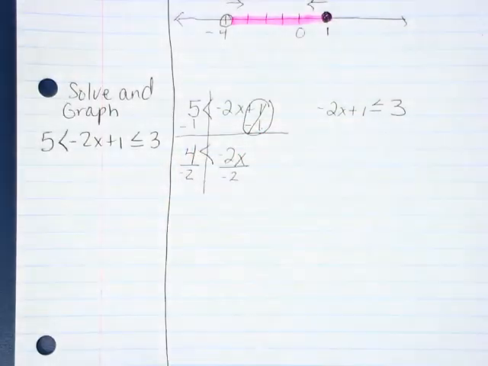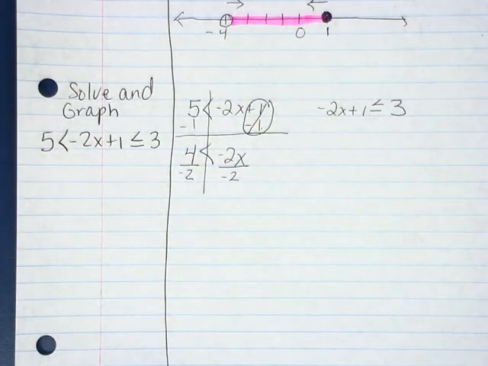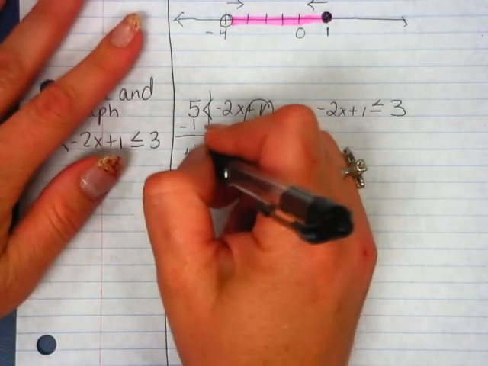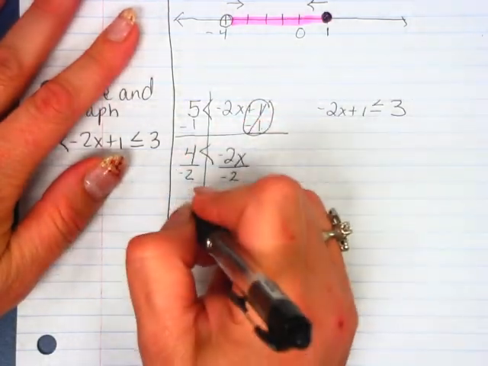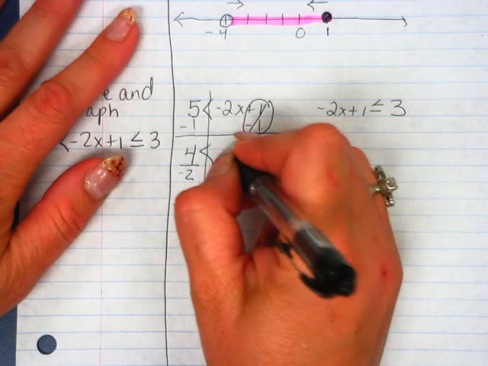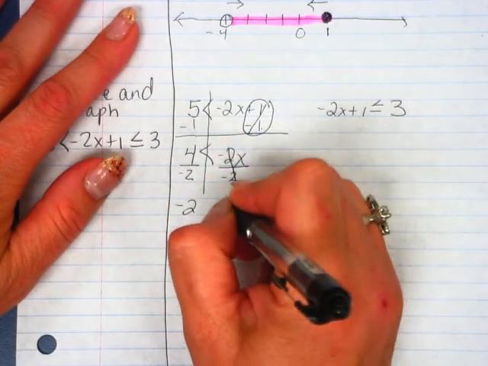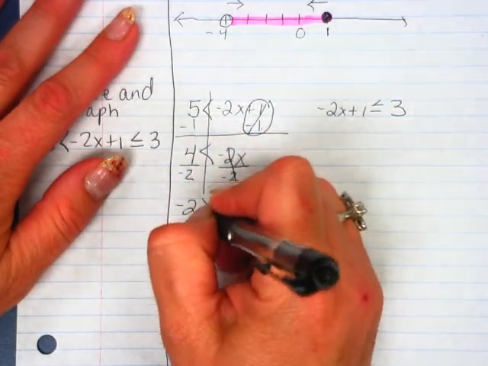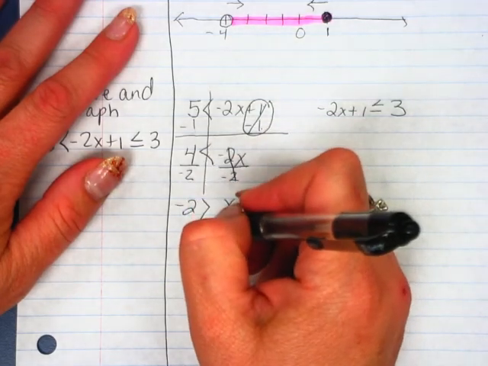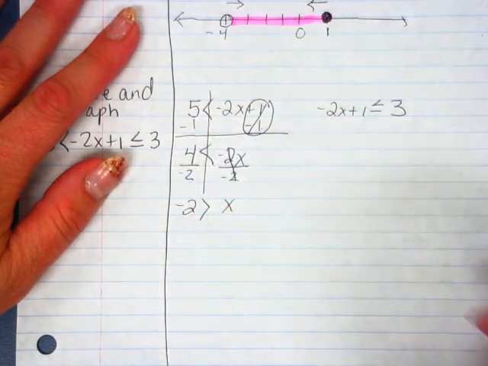And what happens when we have an inequality and we divide by a negative number or multiply by a negative number? Hopefully you remembered that it means I have to switch my inequality. So 4 divided by negative 2 is negative 2. Negative 2 divided by negative 2 is 1, leaving x. But I have to switch my inequality from a less than to a greater than when I divide by a negative.